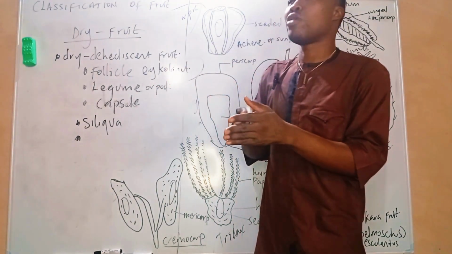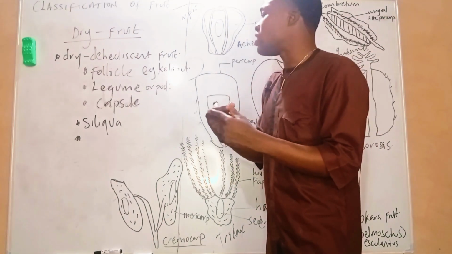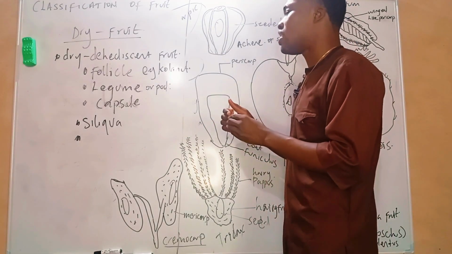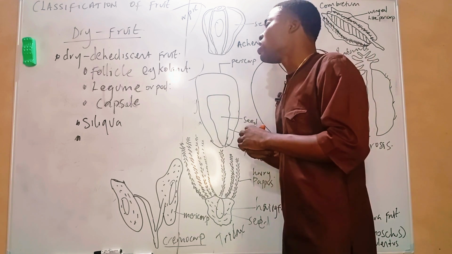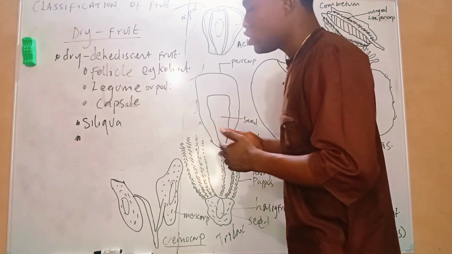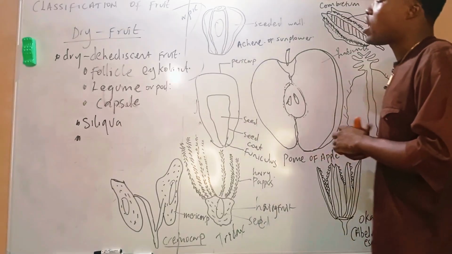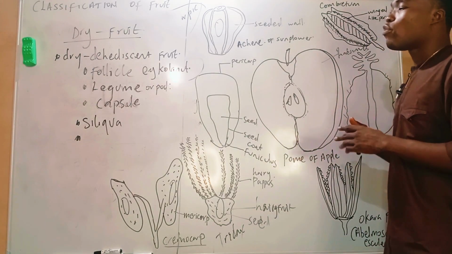If you have seen a peanut, you can open it along two sutures to release the seed. Other examples are the cowpea species. Those are examples of pods or legumes.